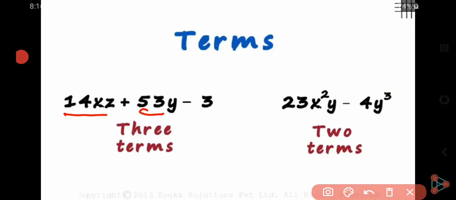So here there are total 3 terms. 23x square y minus 4y cube is having only 2 terms. Understand? When the plus and minus sign comes in your algebraic expression, then it becomes terms. Understand?